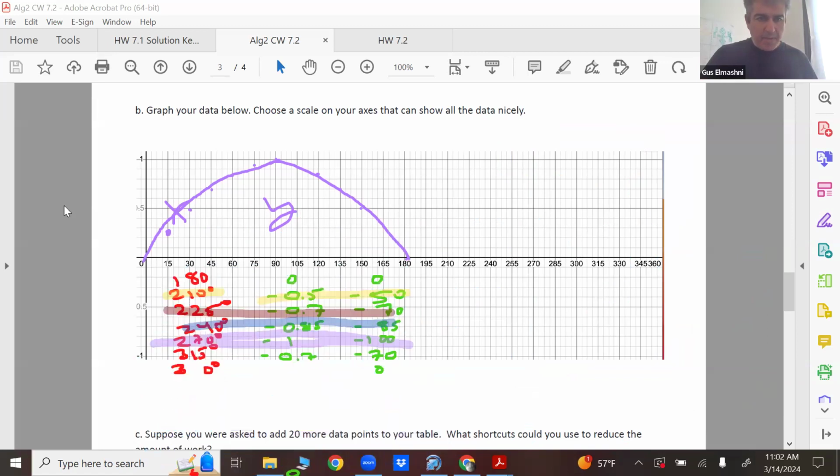If I keep going, 210 is at negative 0.5. 225 is at negative 0.7. 240 is at negative 0.85. 270 is down here. 315 is at negative 0.7.